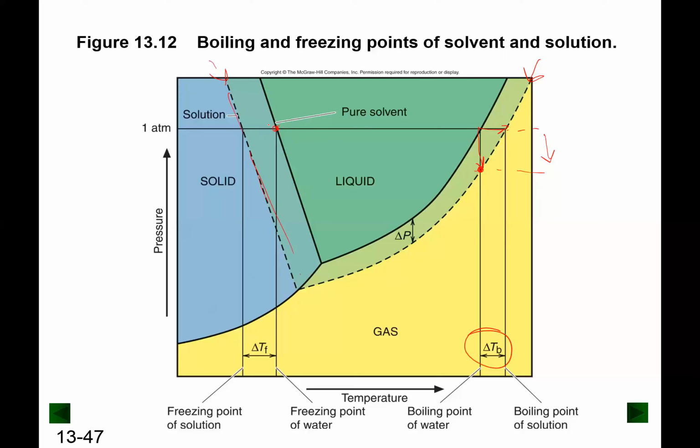If we add a solute and make a solution of the pure solvent, we actually get a lowering of the freezing point, and the lowering would basically be going in this direction. And so that's what we have down here. And that would be our freezing point depression, which we'll talk about in the next slide.